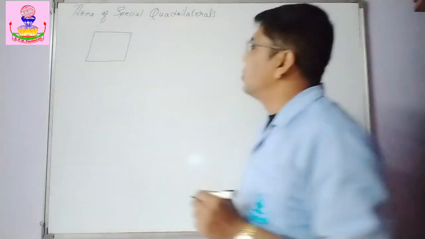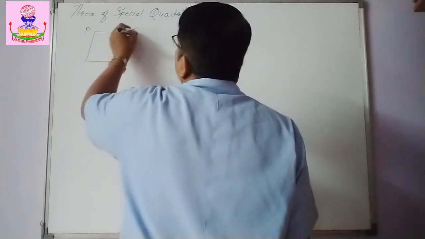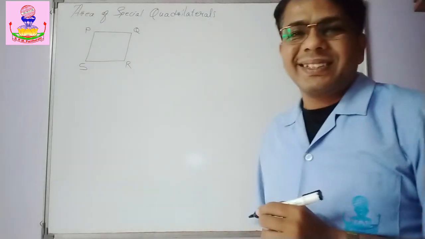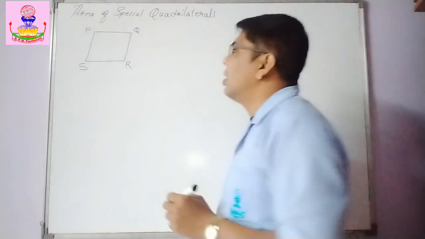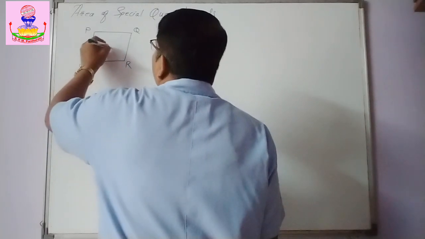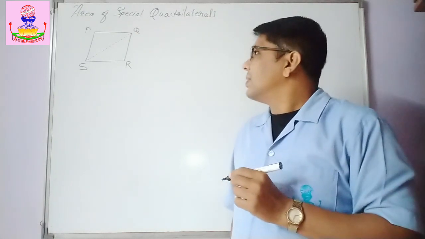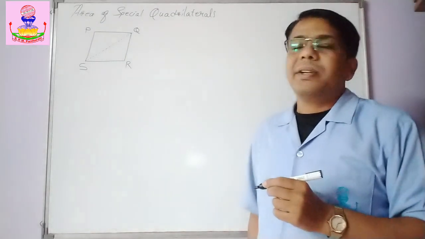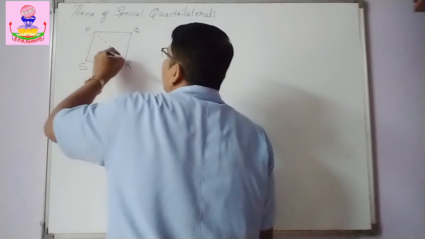Okay, so suppose PQRS is a rhombus, and so we can draw the diagonals of that rhombus. So I join this diagonal QS, and another diagonal PR.